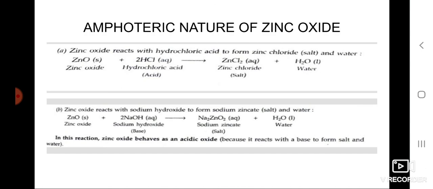So, as zinc oxide is reacting with sodium hydroxide, which is a base, zinc oxide is acidic in nature. This way, aluminium oxide and zinc oxide are called amphoteric oxides because sometimes they behave like an acid, sometimes they behave like a basic oxide.